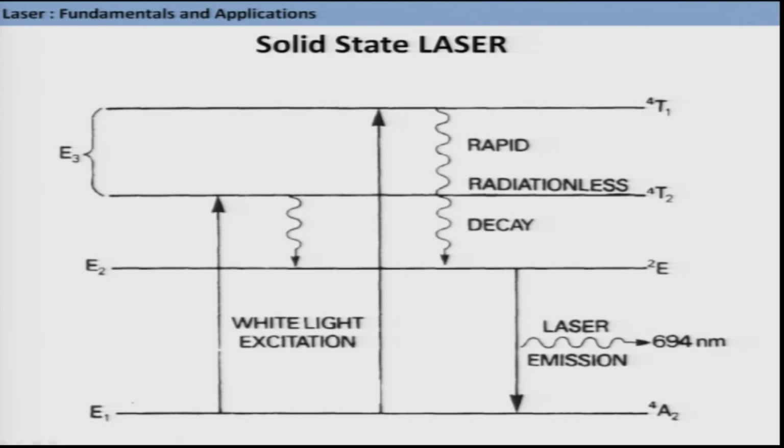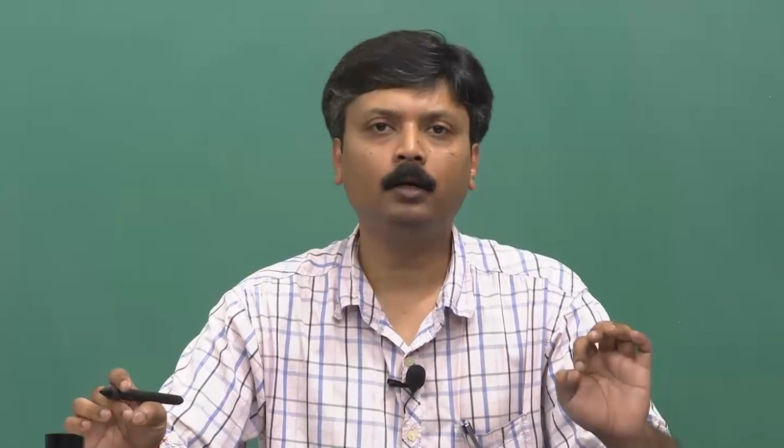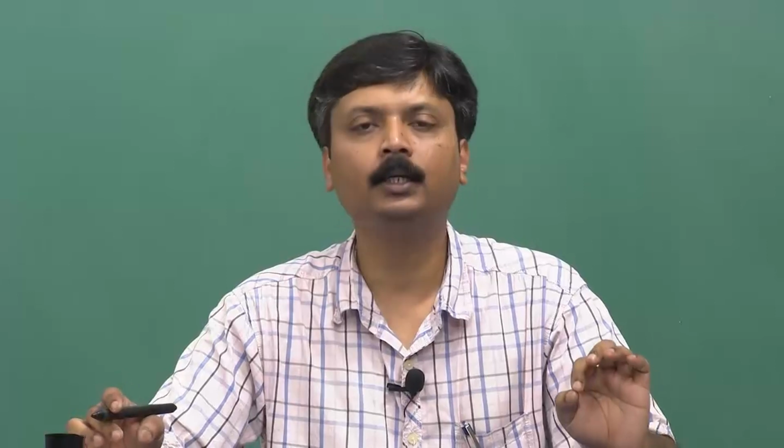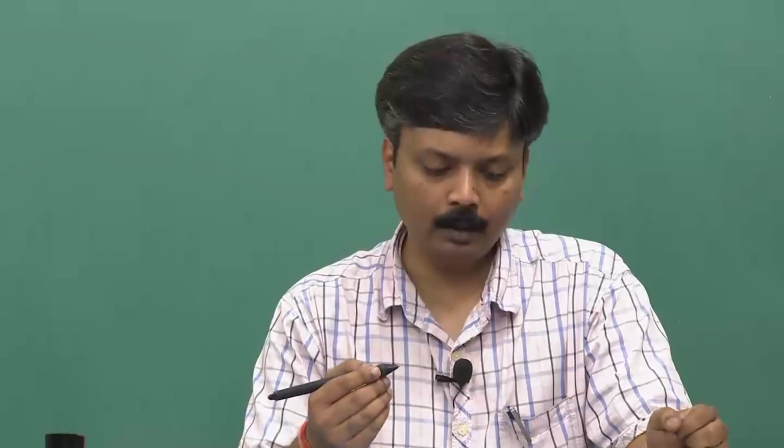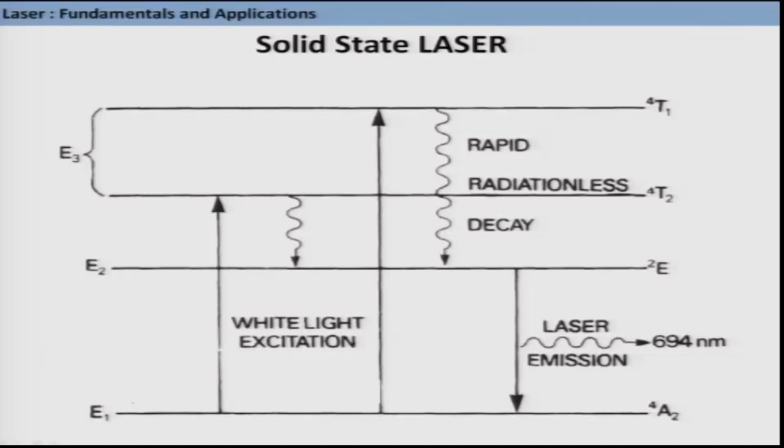Many of you may already be aware of this, but this course doesn't allow us to go through the detail of term symbols. Take it as a symbol given to particular electronic states based on some logic. Their energy levels are given by E1, E2, E3, E4, and so on.